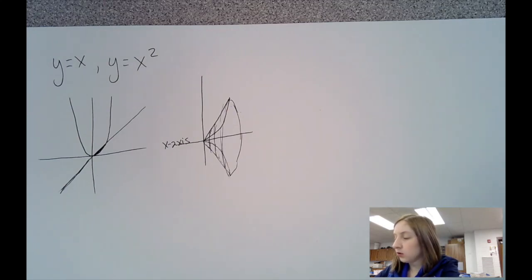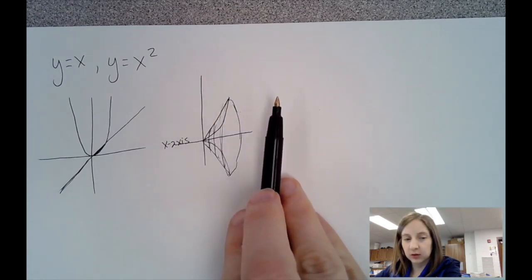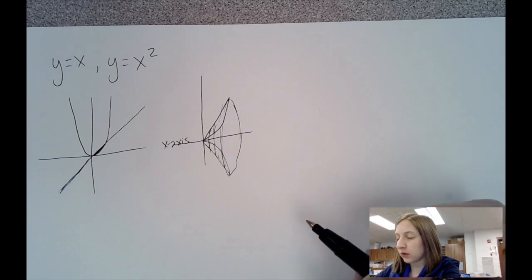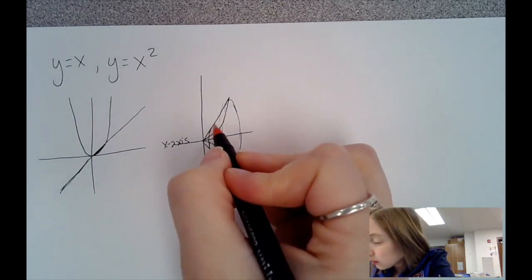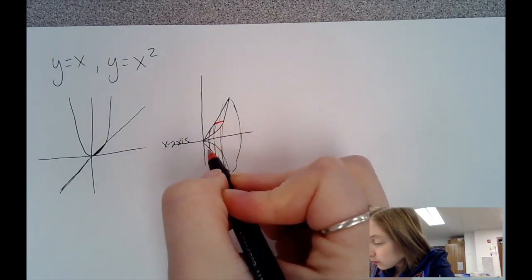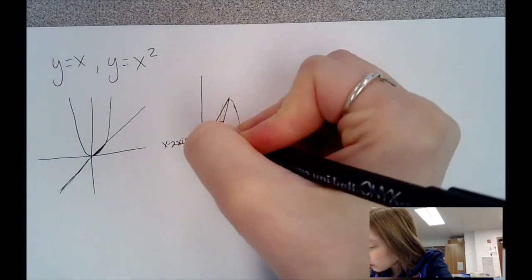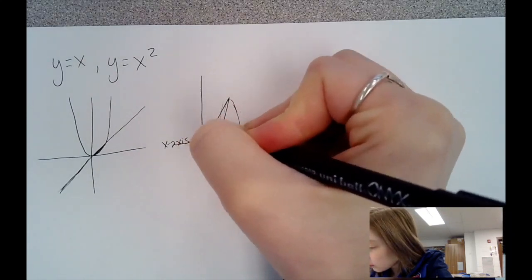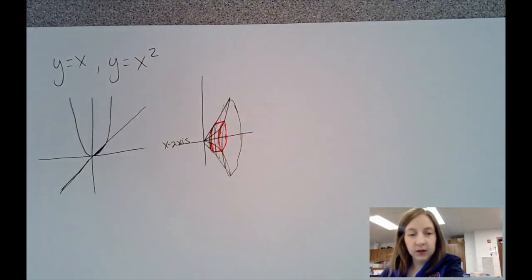And instead of separating it into a bunch of discs or washers this way, we're going to separate this into a bunch of cylinders. So I'm just going to try and draw what one of those cylinders might look like. Maybe something kind of like that.